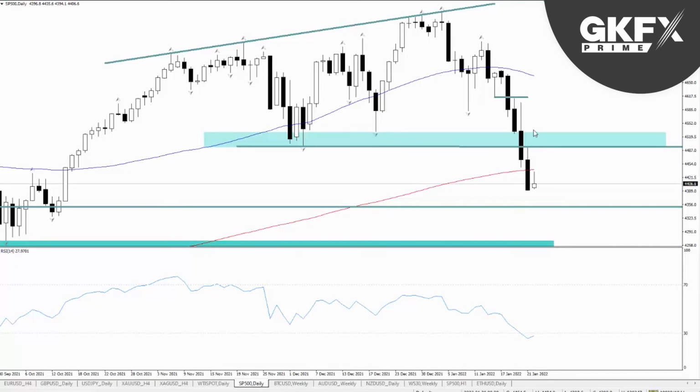Maybe we get as high as this fractal up here. Maybe we even get to this spike low back there. If some sort of dip buying bounce happens, we want to think about the fact that actually we have taken out that weekly fractal for the first time in a while. Maybe that's significant, and maybe that's a reason to look for opportunities to sell this market down.